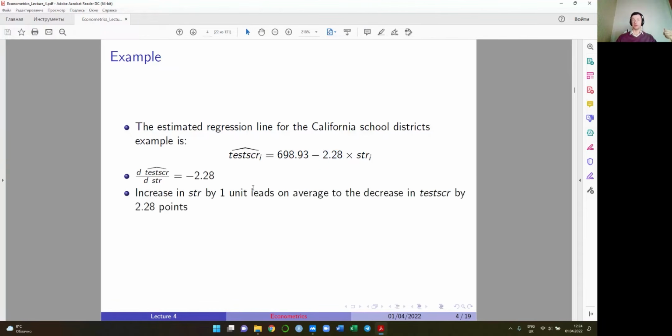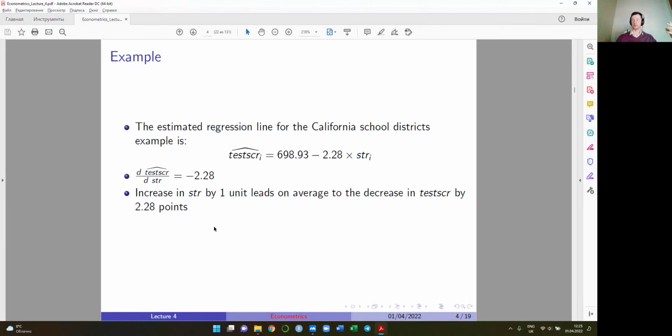And this means that if we increase the student to teacher ratio by 1, so if the number of students per one teacher increases by 1, on average it will be followed by a decrease in test score by 2.28 points. So this is the quantitative measure of the causal effect.